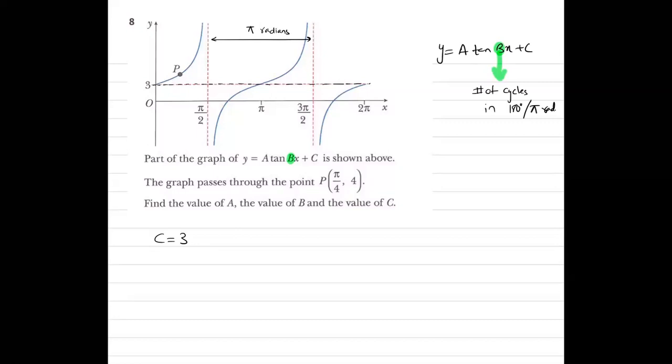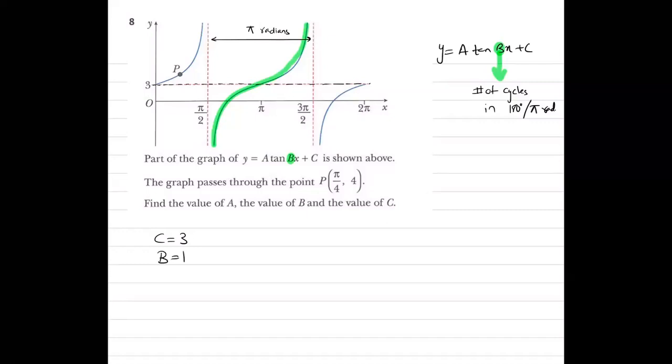In this case, tan के केस में कितनी साइकिल्स बन रही हैं 180 या pi के केस में, वो number of cycles b की वैल्यू बताता है. सो यहाँ पे 180 डिग्री which is equivalent to pi radians, कितनी साइकिल्स बन रही हैं tan की? 1. So the value of b should be 1.